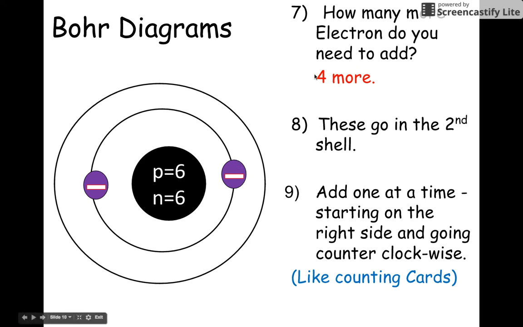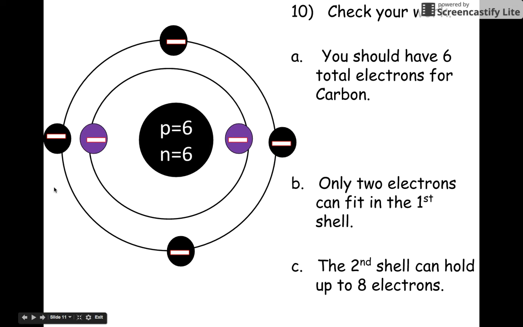So we're going to use the second shell to draw the next 4 electrons. It helps if you go around and do 1, 2, 3, 4, so that it's balanced out. It's easier to go around. Now we have a total of 6 electrons, 6 protons, and 6 neutrons.